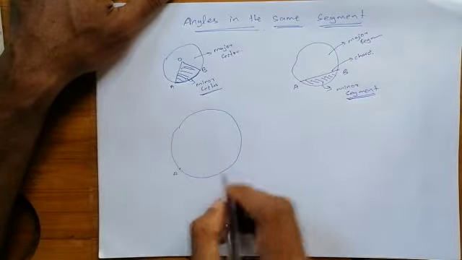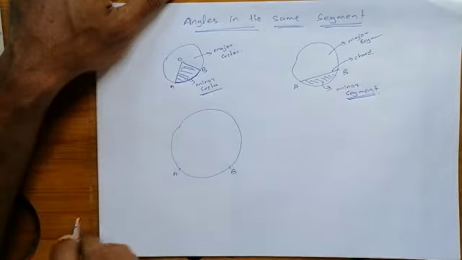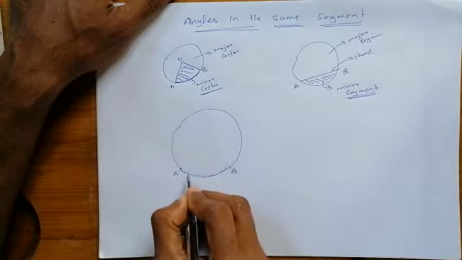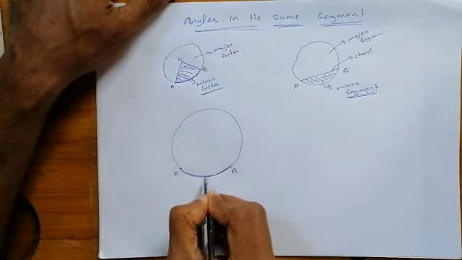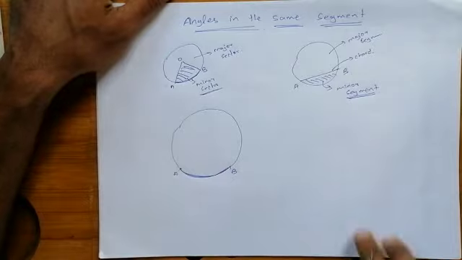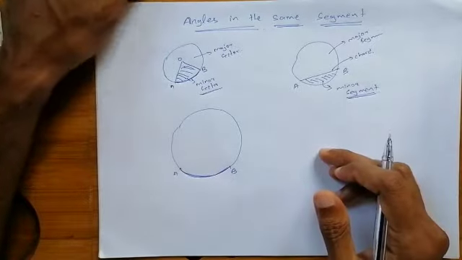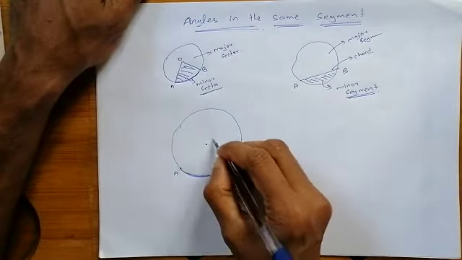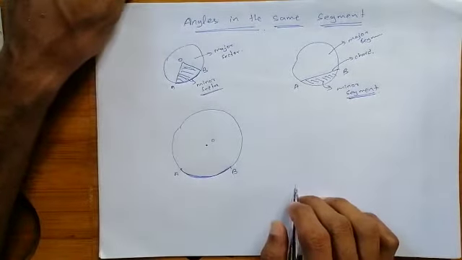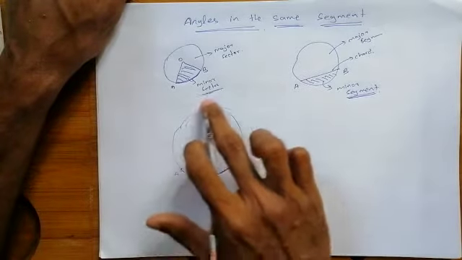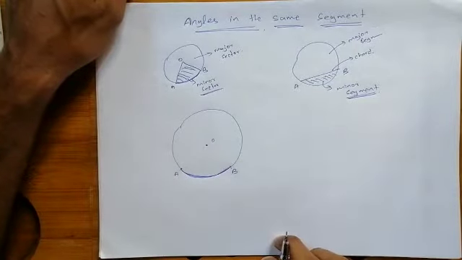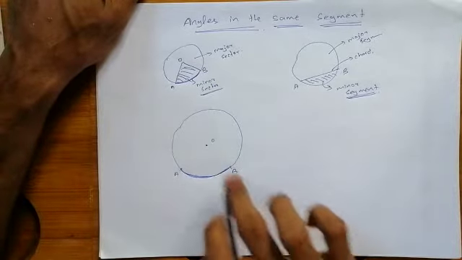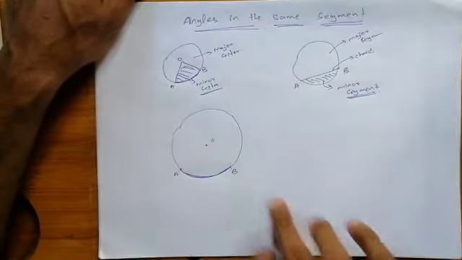So we'll consider a minor arc AB. If you consider the AB arc, the arc can subtend angles: it can subtend an angle at the center, and it can subtend an angle at the circumference. Now we are going to discuss the angle subtended at the circumference, on the remaining part of the circle.